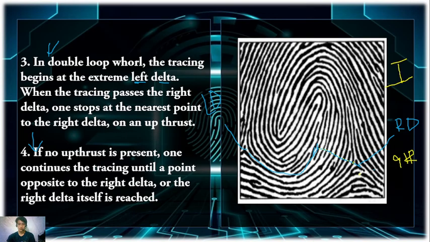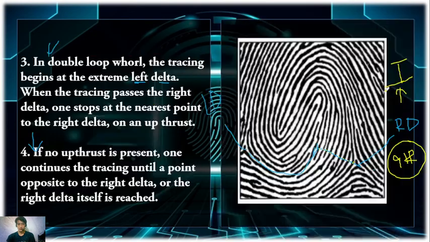So kapag mas mababa siya ng 3, then automatic that could be a meeting whorl. Pero ito, meron siyang 9 na intervening ridges, kaya sinabi natin na it is an inner whorl. Pero kapag mas mababa ng 3, ibig sabihin 2 pababa, meeting whorl siya.